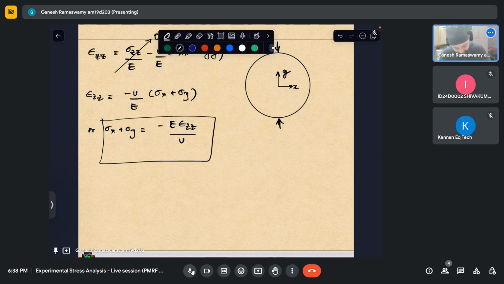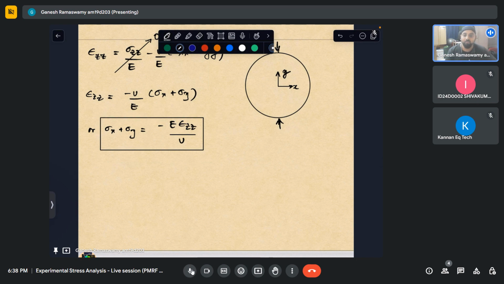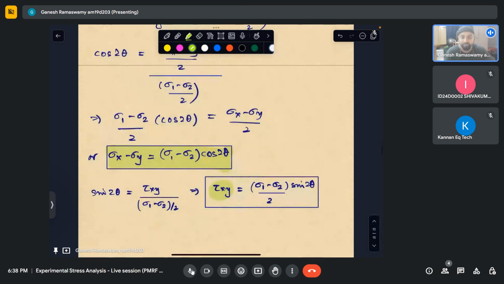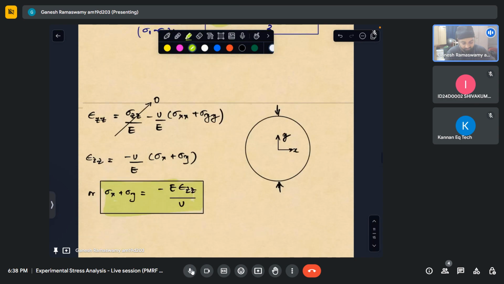So if I measure by some means out of plane strain, then I have the expression for sigma x plus sigma y. And from photoelasticity, I have the expression for sigma x minus sigma y. I can add these two and I will be able to separate out the stress and obtain them as sigma x, sigma y, and tau xy. So this is just a small aside.